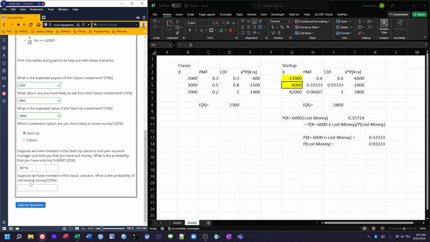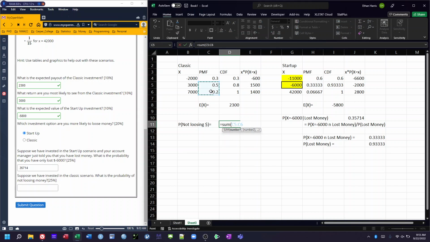Okay, suppose we have invested in the classic scenario. What's the probability of not losing money? If we're in the classic scenario, the probability of not losing money is going to be the sum of everything that isn't losing money. So we could just sum these two right here: the probability of making 3,000 and the probability of making 7,000.